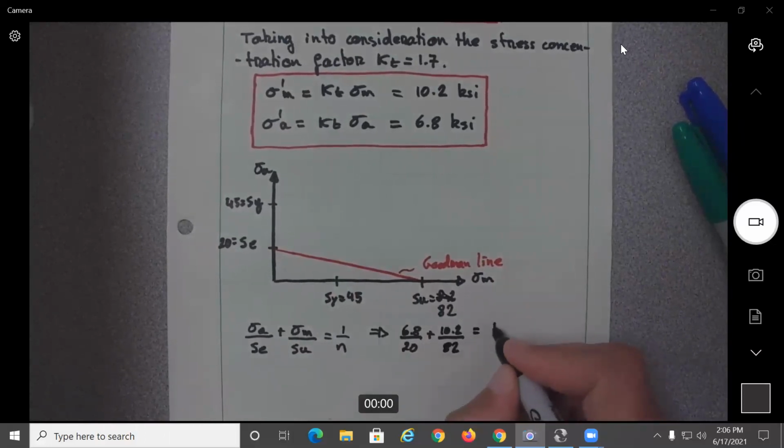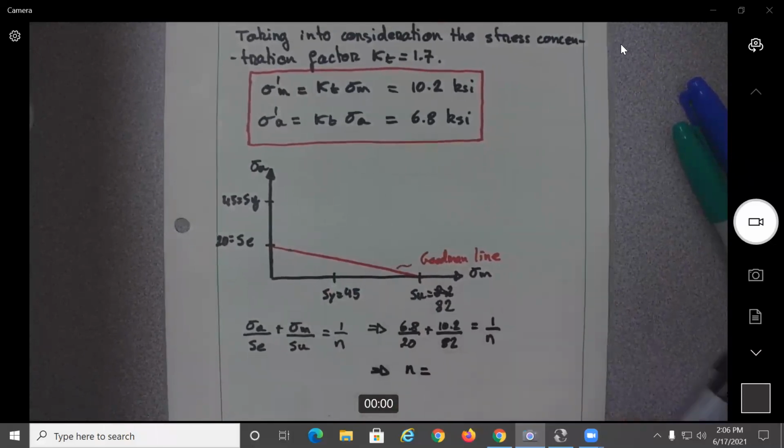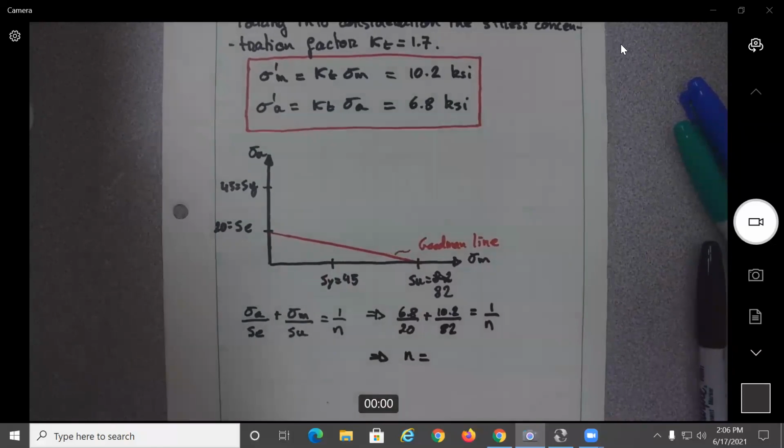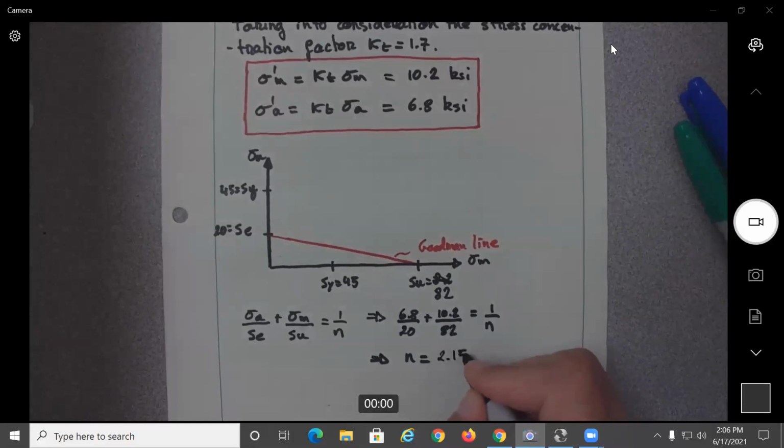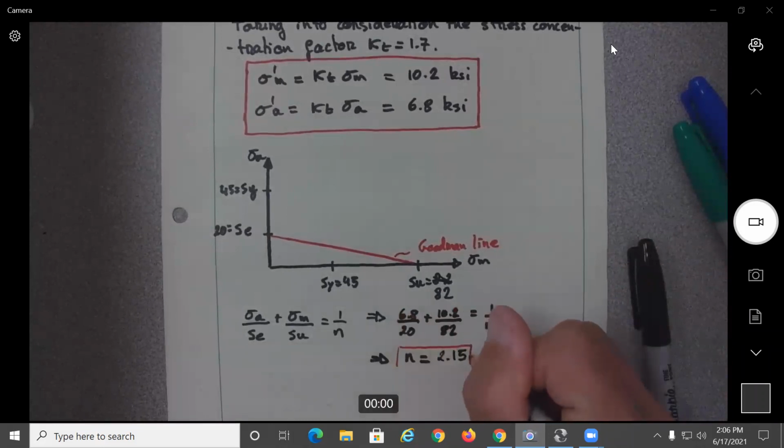And this is equal to 1 over N. So can you please, guys, solve for me for N over here? So this gives you 2.15. So that means that this design is safe by a safety factor of 2.15.